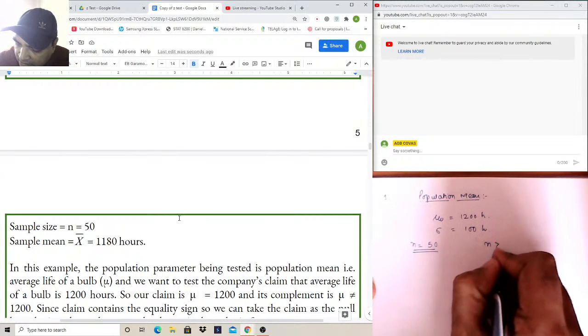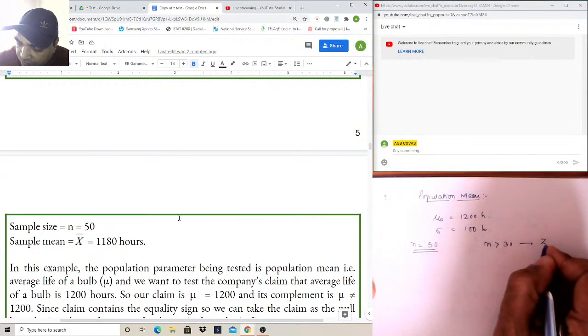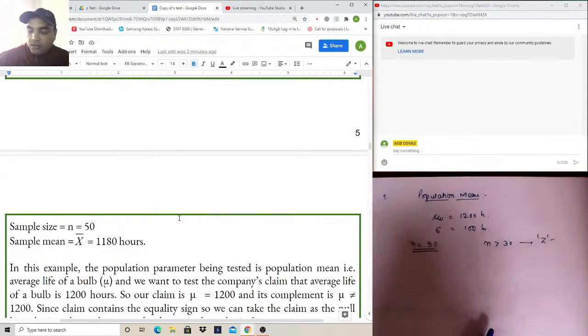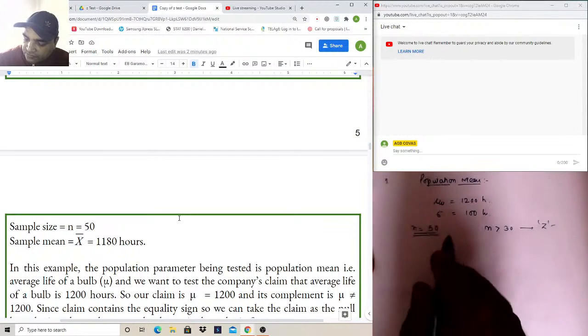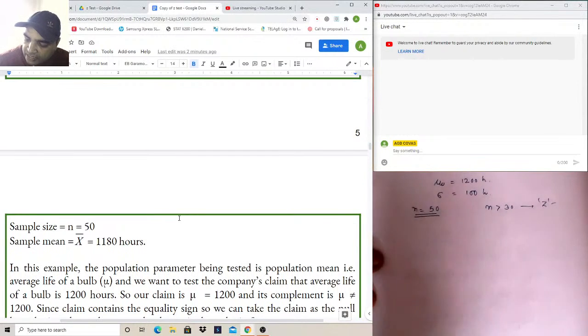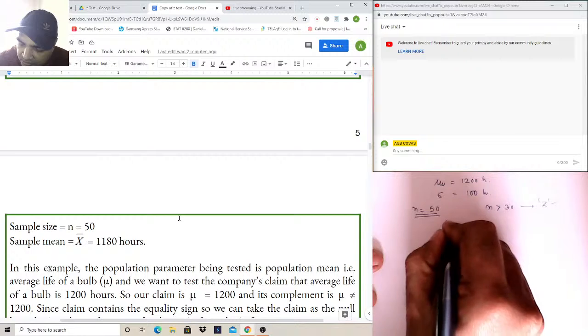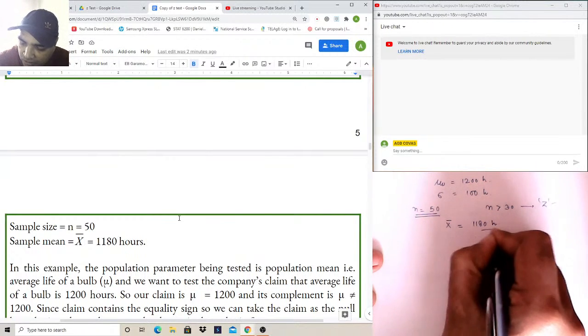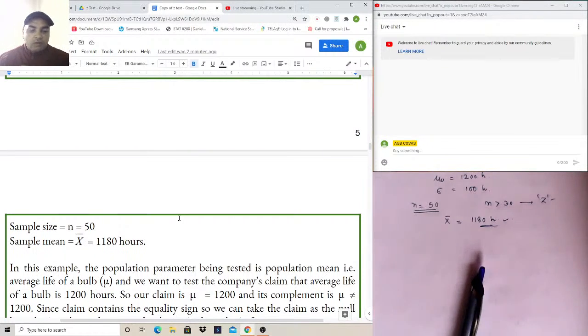Because this sample size is greater than 30, we will go for the Z test. When he collected these 50 samples, he observed that the sample mean came out to be 1180. Now we have to find out whether the company's claim is correct or not.